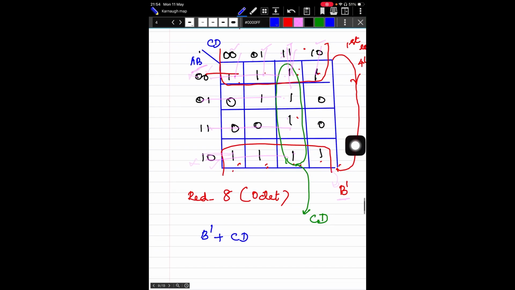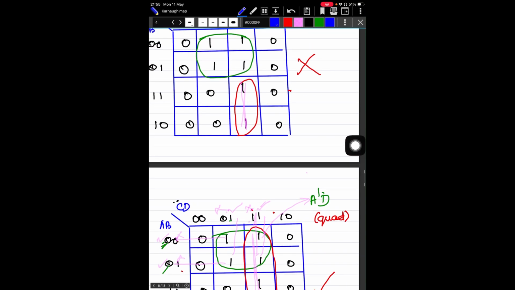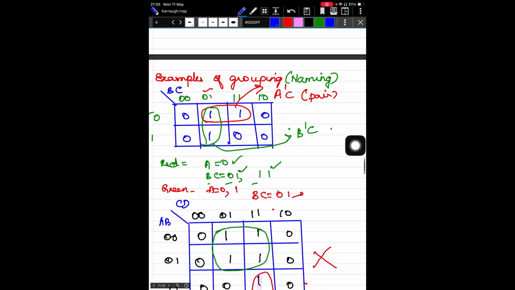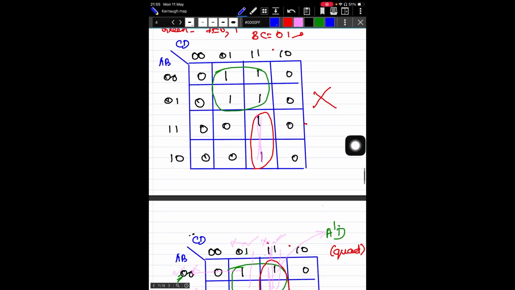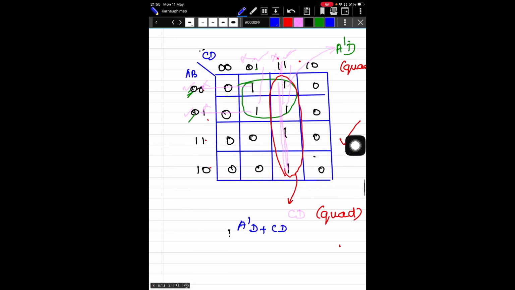Okay. What do you observe from all these cases? In an octet, we have only one variable. For a quad, you have 2 variables. For a pair, we'll be having more variables. If you have a pair here, it doesn't make sense because it is a 3 variable map and these are 4 variable maps.